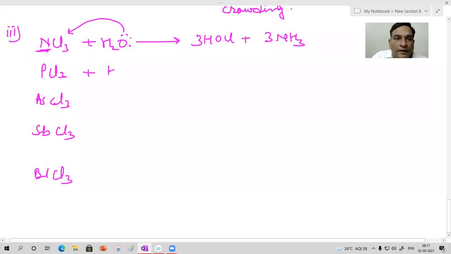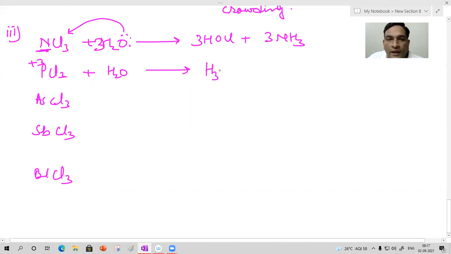Again, react with H2O, 3 mole. PCl3. Now they are in the +3 oxidation state. This is an odd number, group number 15. That is odd oxidation state, odd group number. The same oxidation state product will be formed.